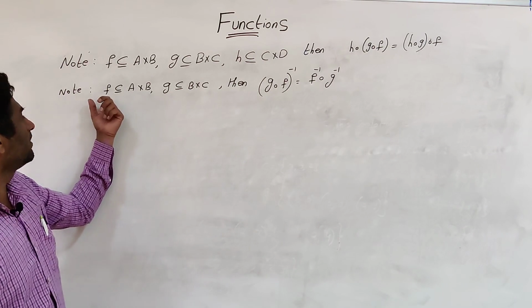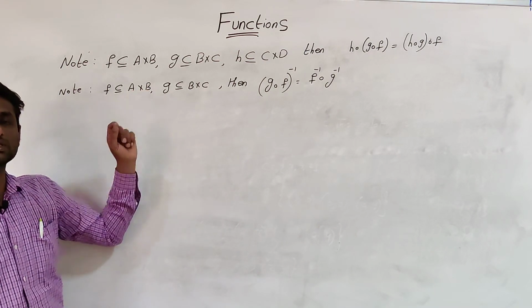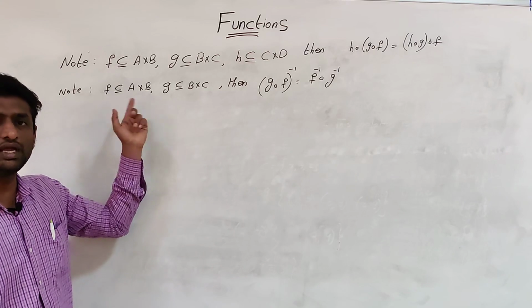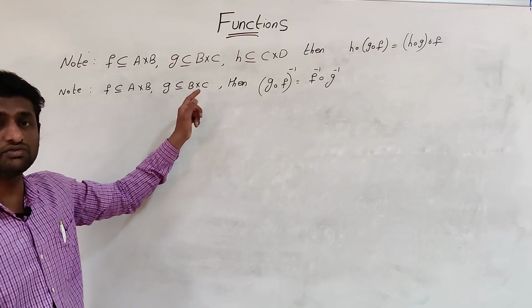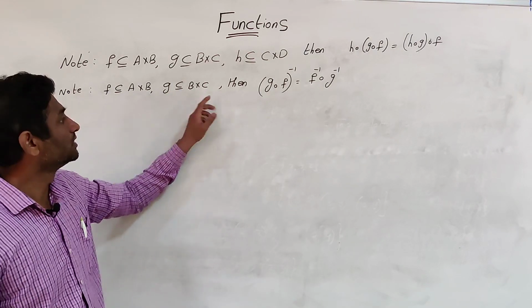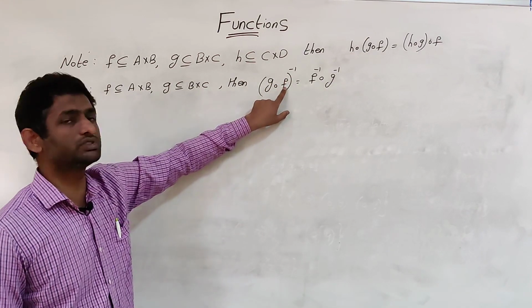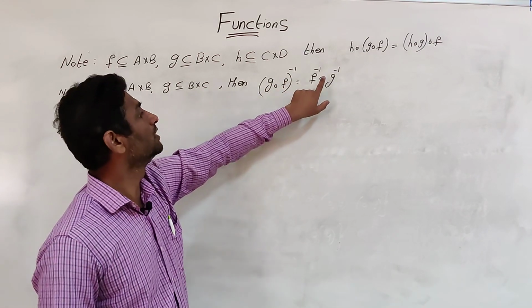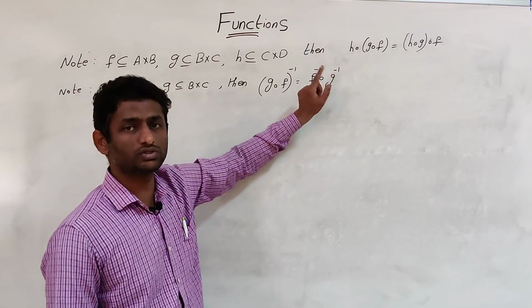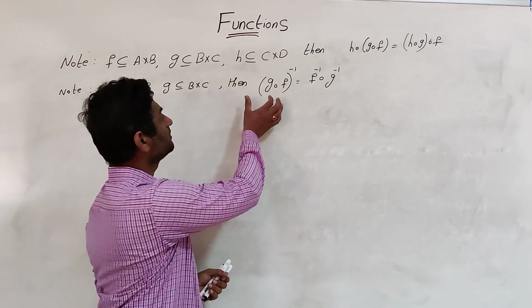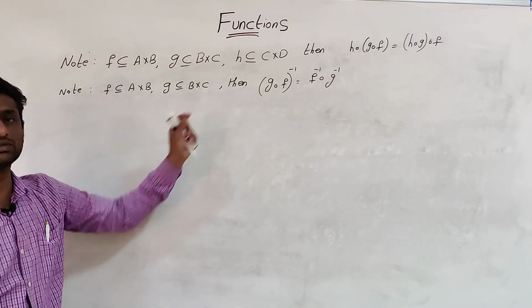Next, if F is a subset of A cross B, G is another relation from set B into C, then the inverse of G compose F is equal to F inverse compose G inverse. So we'll see one example on this note.